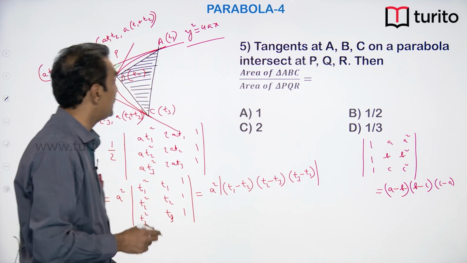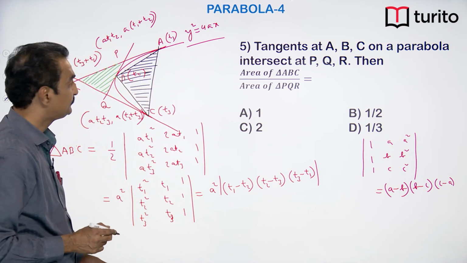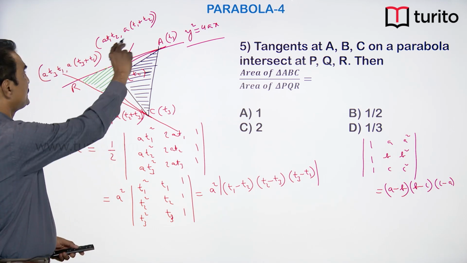Now, let us calculate the area of the triangle PQR. What are the coordinates? These three.